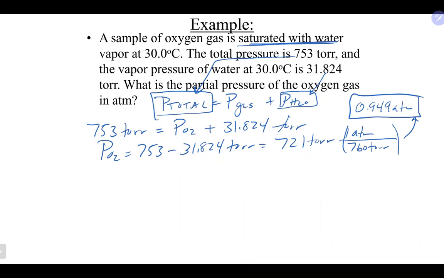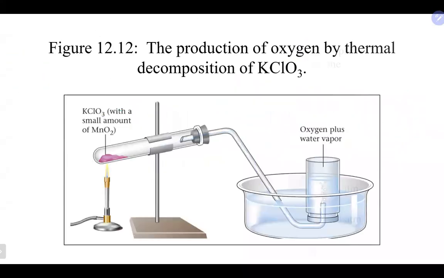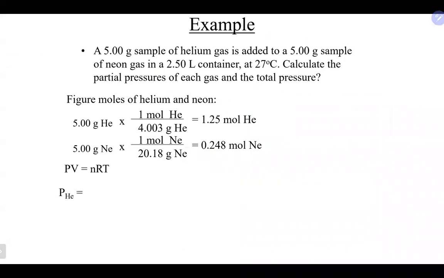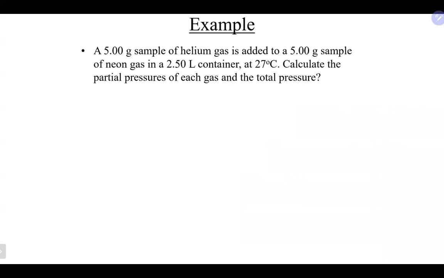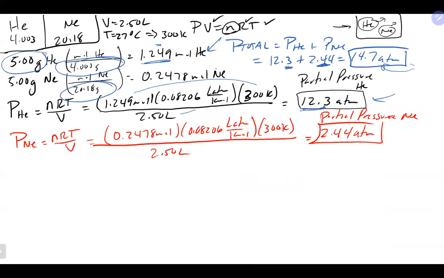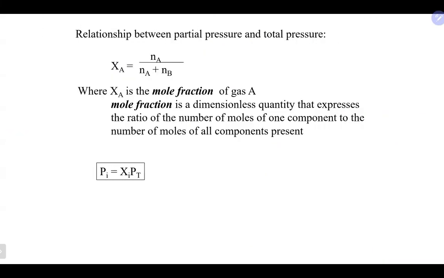Okay, let's go back to that thing we skipped there and talk about a third way that you might come across a partial pressure situation, which is this. So occasionally in gas problems, probably not too much in our class, you may have a mixture of gases where maybe you don't have enough information to calculate the pressures using the ideal gas law.